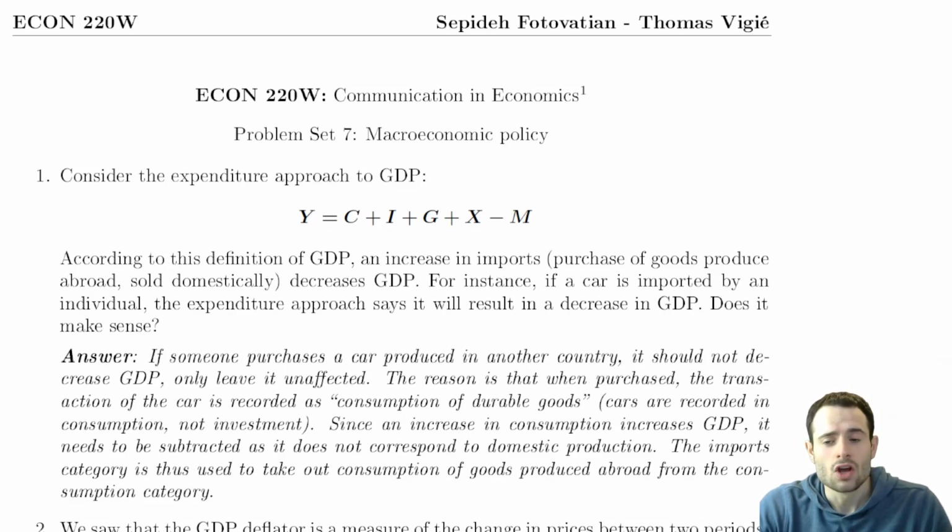Since it should not, we then input minus $30,000 in the form of imports, so that these $30,000 entering consumption will cancel out with the minus 30,000 here entered as imports. And at the end of the day, if you buy a good that was produced somewhere else and that was sold domestically, GDP will be unaffected.